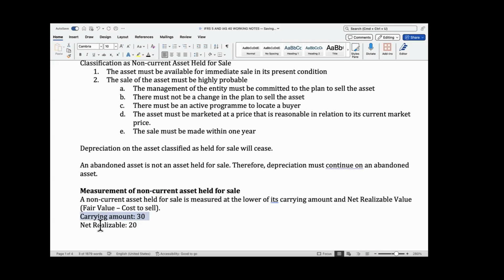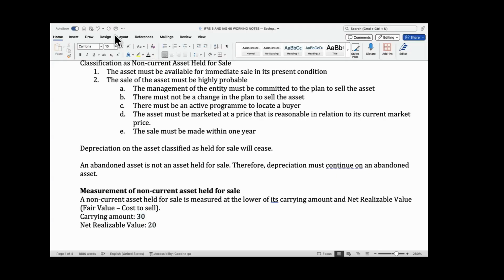You then have to start measuring it at the lower, which is the net realizable value. And in this case, since the net realizable value is now lower, you will need to update your carrying amount. Since your carrying amount is the book value, you will seriously need to update it. And updating it means that you need to bring the asset down from 30 to 20.